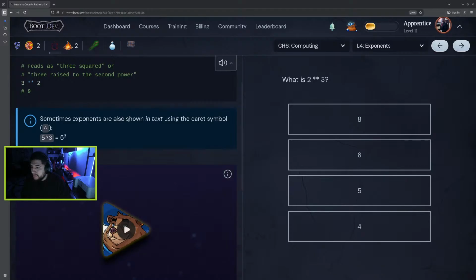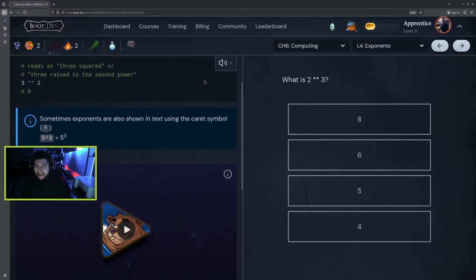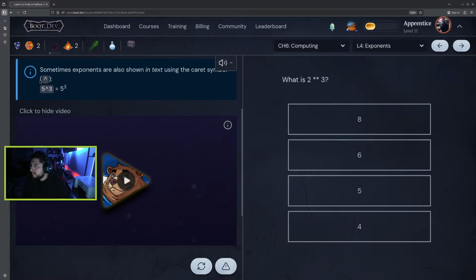Sometimes exponents are shown in text using the caret symbol. Alright, right here. Caret symbol. 5 caret 3 is the same as 5 to the power of 3. So 5 times 5 times 5, which is 25 times 5, which is 125.